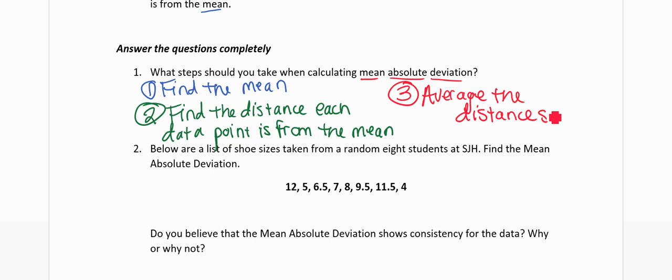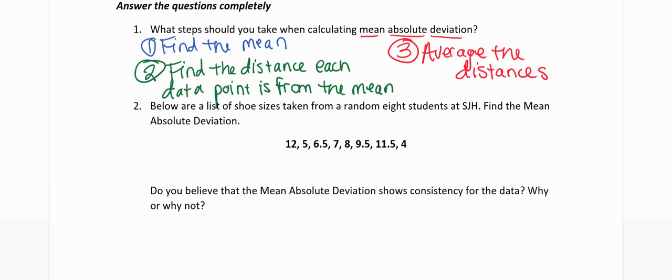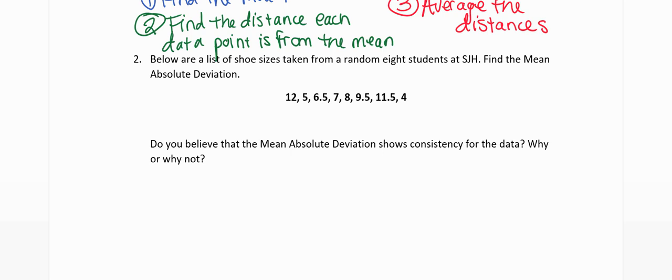So let's look at an example. Below are a list of shoe sizes taken from a random 8 students at SJH. Find the mean absolute deviation. Okay, so I'm going to take my numbers, I'm going to add them all up, and divide by how many there are so I can find the mean.